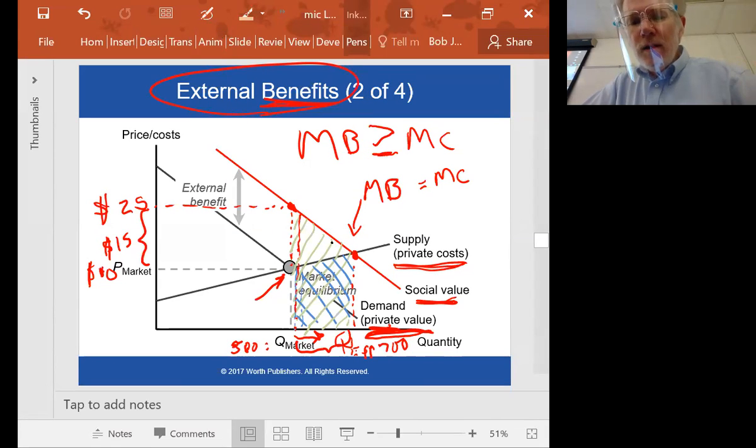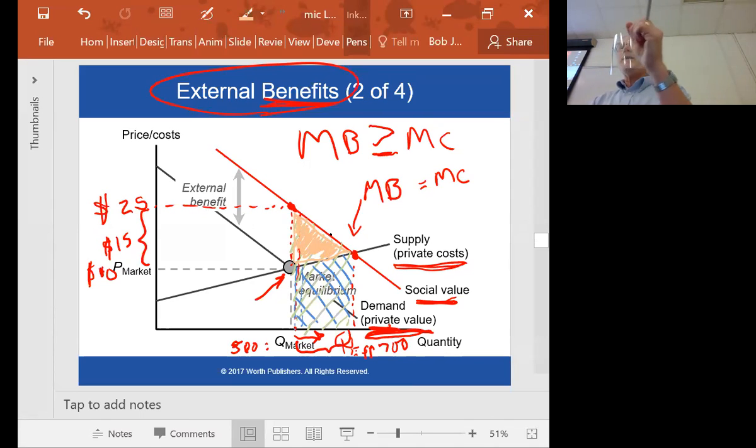The green is the total benefit, the blue is the total cost. So the difference would be this rectangular area. That would be the net benefit from the last 200 people getting vaccinated.